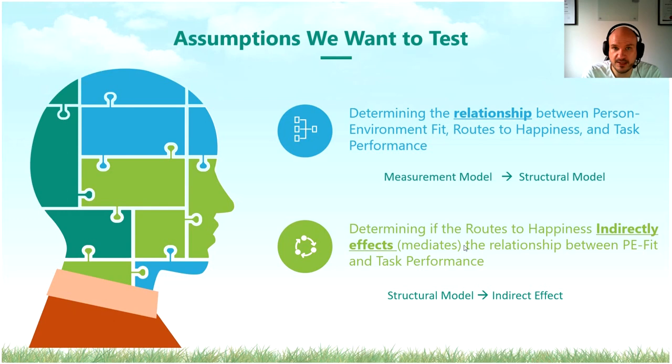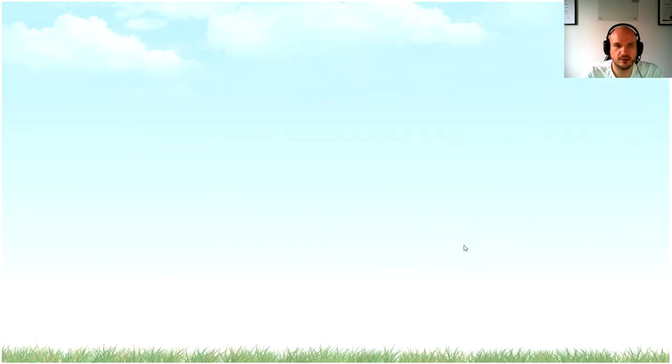And from these theory-driven models, we find what's the best fitting model for our data, and we then utilize that for our structural model, which helps us to determine the relationships. Once we have this in place, the next assumption that we want to test is the indirect effect, so the mediating mechanisms. And here we want to see how the routes to happiness indirectly affect the relationship between person-environment fit and task performance. We just basically expand our structural model with this effect.